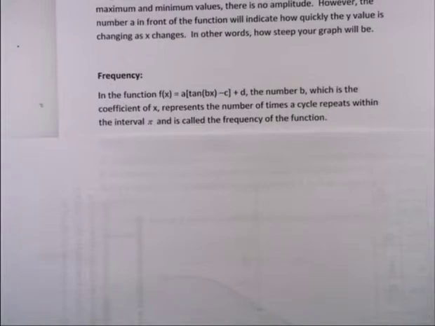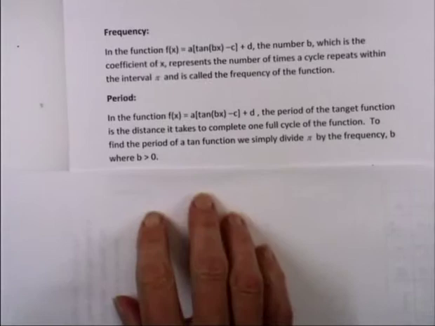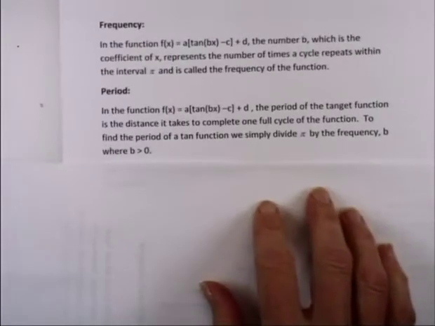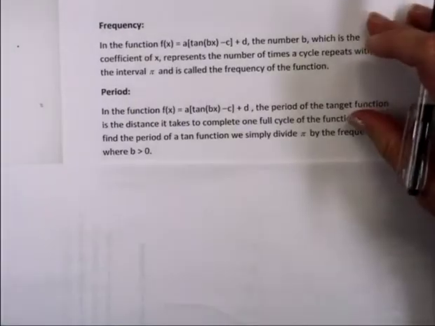So the other 4, 2 pi, cotangent and tangent, pi. So our period is normally pi, but we know the same process will apply here that did for our sine and cosine function. To find it, we simply have to take pi now instead of 2 pi and divide it by the frequency. That'll tell you how long it takes for your cycle to repeat.